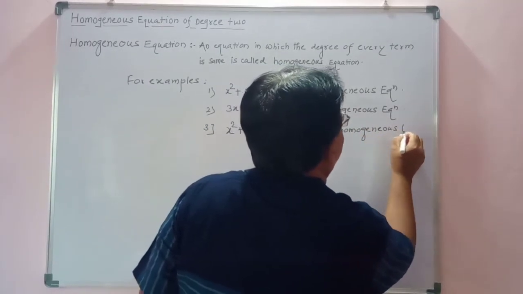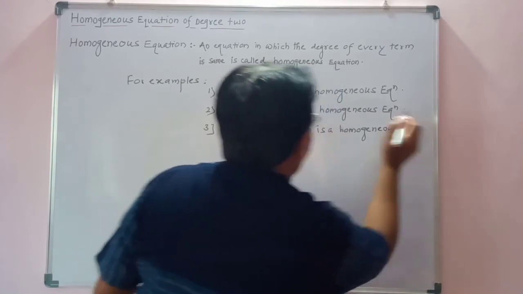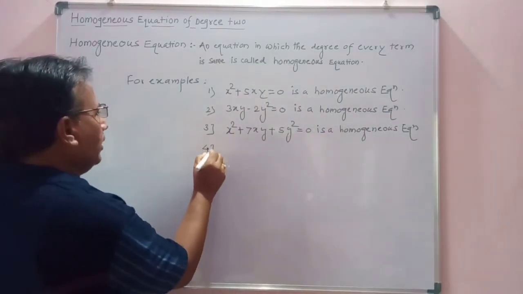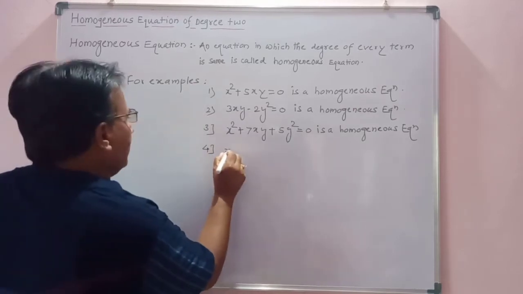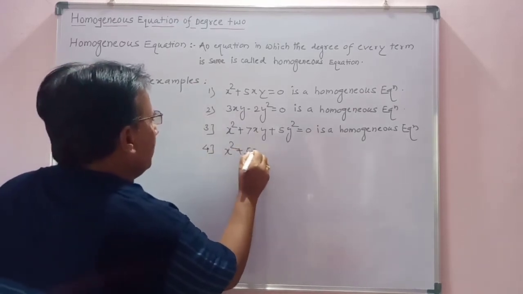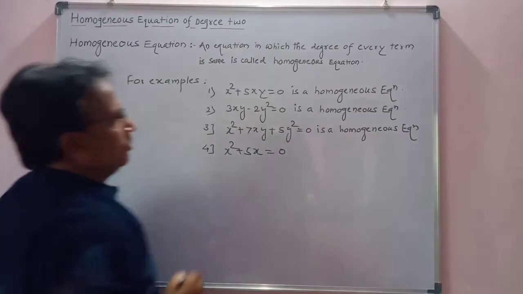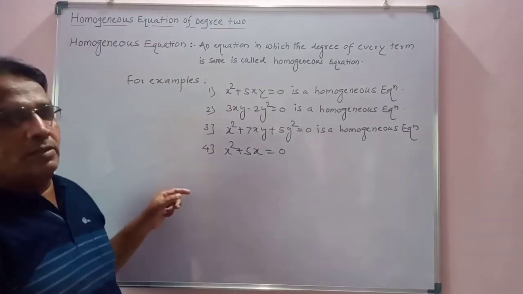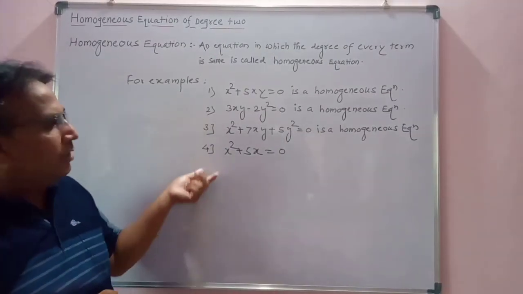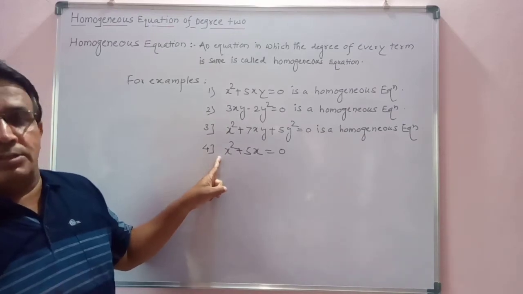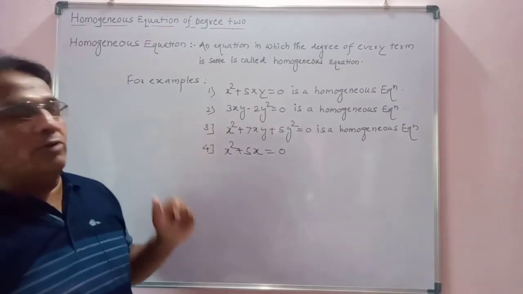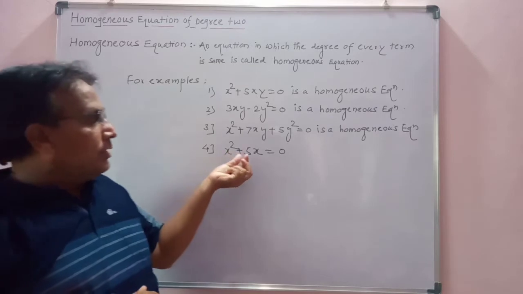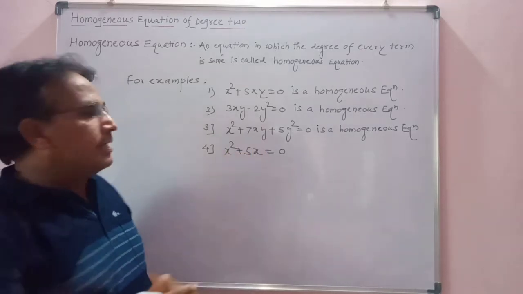And the fourth example is x square plus 5x equal to 0. Is it a homogeneous equation? This is not a homogeneous equation. Why? The degree of x square is 2 and the degree of 5x is 1. 5 is the coefficient of x, the variable is x, and the degree is 1.